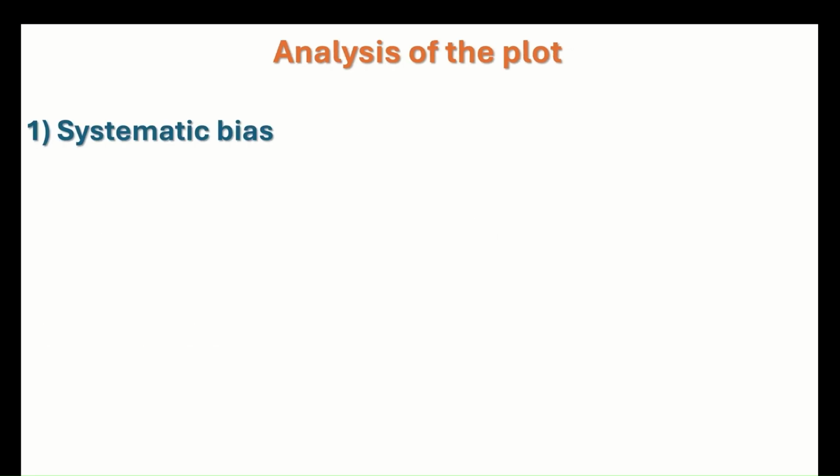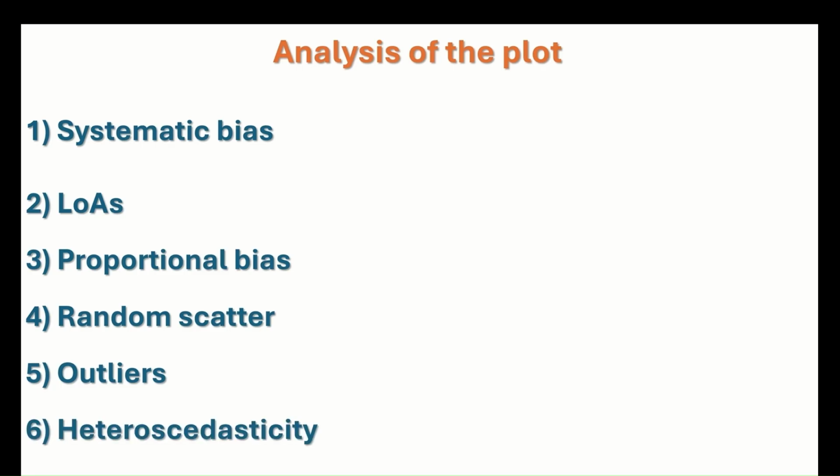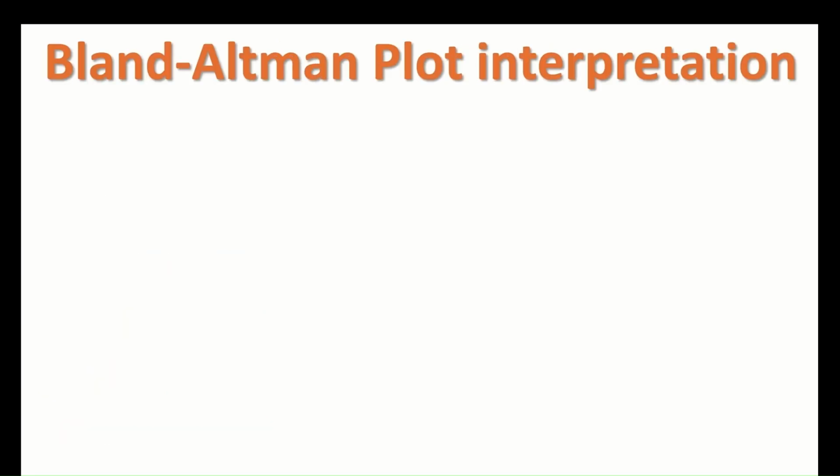So how do we analyze the plot? When looking at the plot visually, we will check for systematic bias, look at the LOAs, and look for proportional bias, look whether the data are randomly scattered, check for outliers, and check whether there is constant variance across the scores.